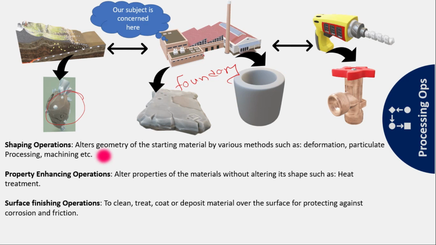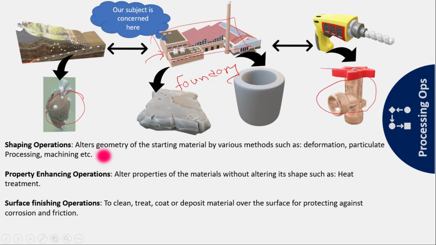It can make two types of products mostly in secondary manufacturing: either a semi-finished good, which we named capital goods, or the finished goods. So our subject is concerned with this kind of industry, right? We'll be dealing with what's happening inside this industry. It takes the mineral ores from the primary industry, processes them, adds some machining operation here and forms the final product like this one.